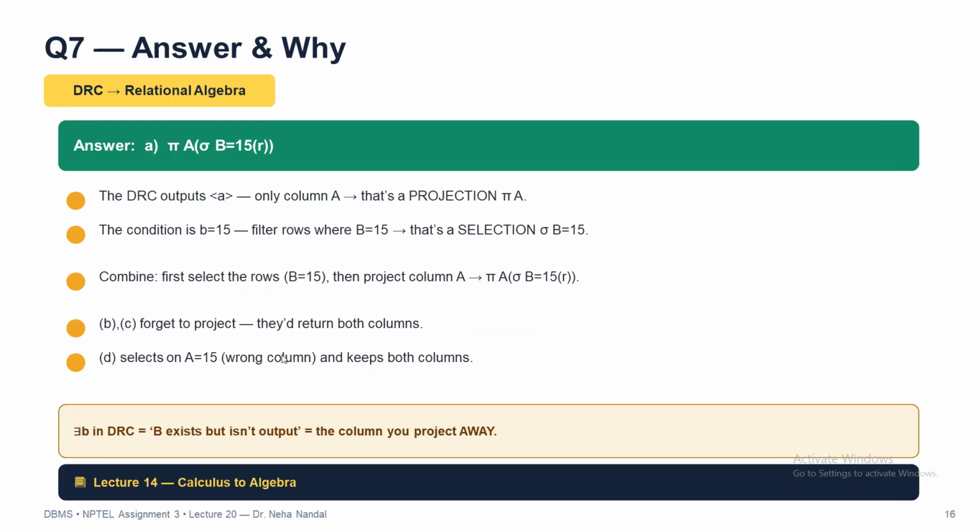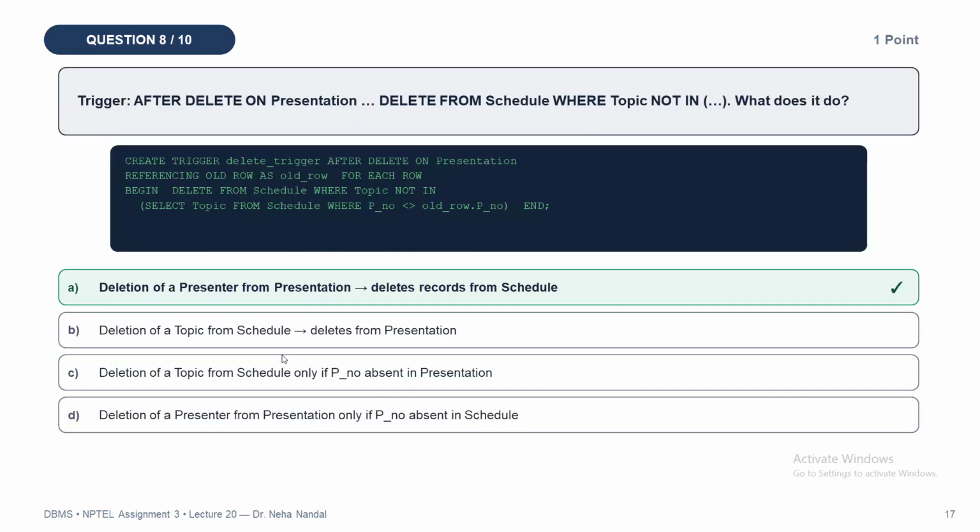Question number 8. Question number 8 says, what does this trigger do? So triggers are what? Triggers are basically stored programs which are invoked automatically when the condition is true. So these are called triggers. One trigger is being shown over here, which is an after delete trigger, created on the presentation table: delete from schedule where topic is not in, and the condition is given.